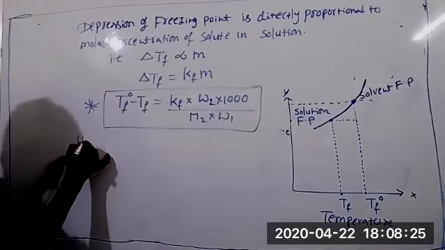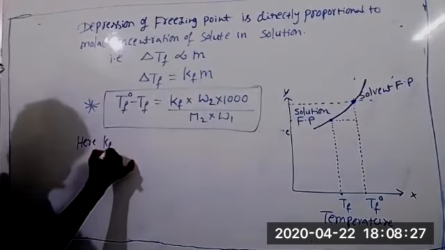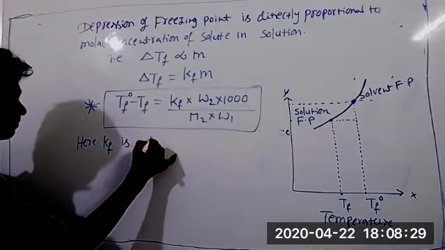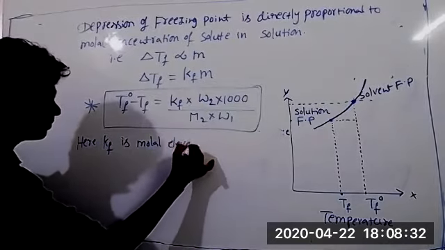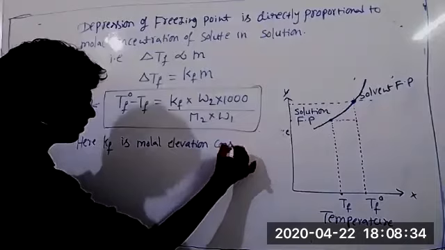So here KF is the molar elevation constant.